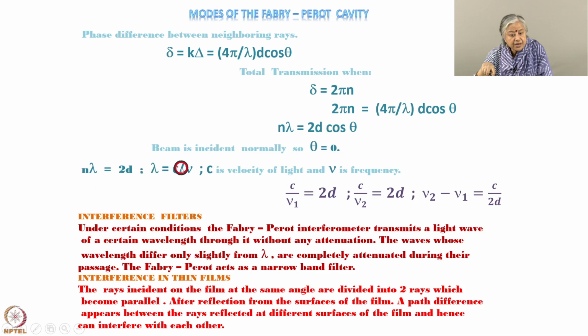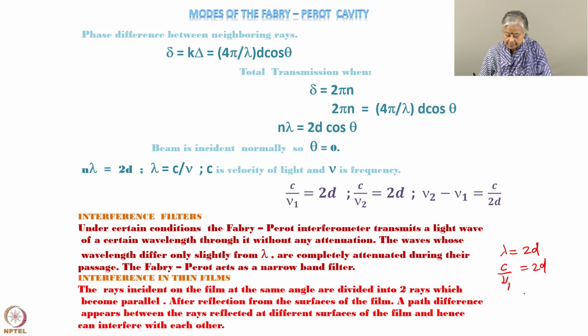Lambda is equal to c by nu, you know that, where c is the velocity of light and nu is the frequency. When n is equal to 1, lambda is equal to 2d, or c by nu 1 is equal to 2d.